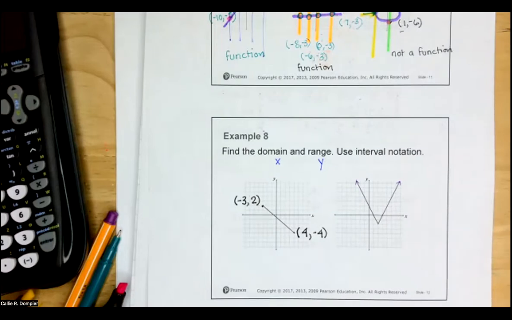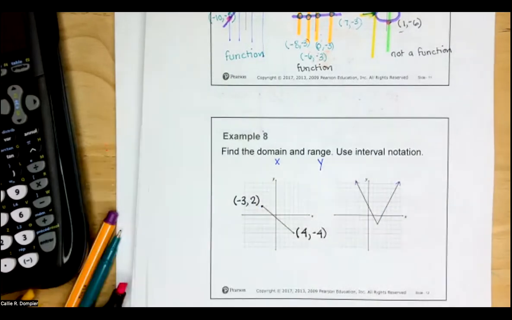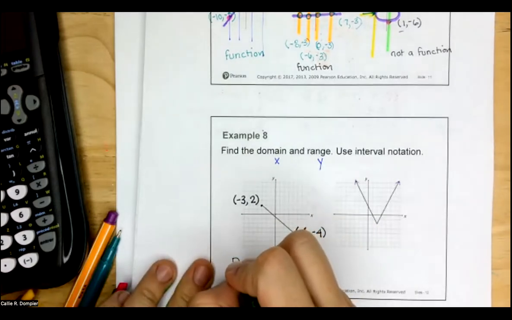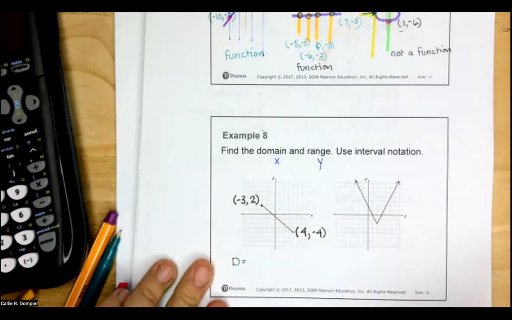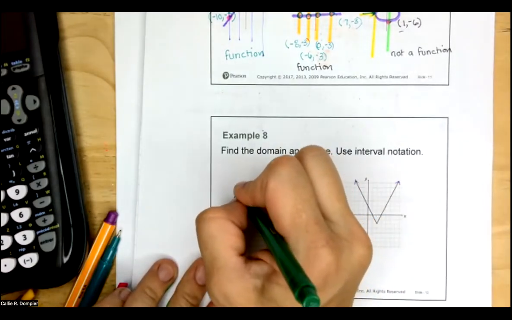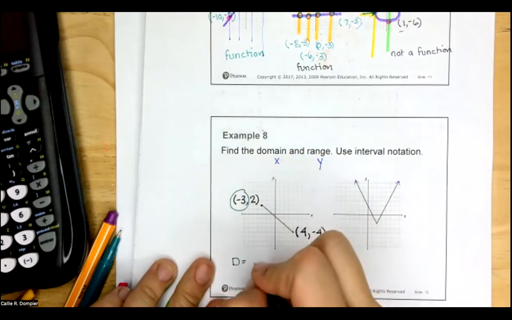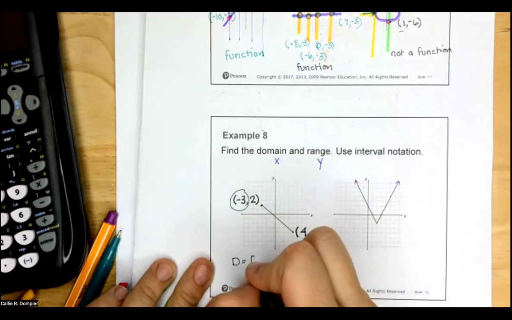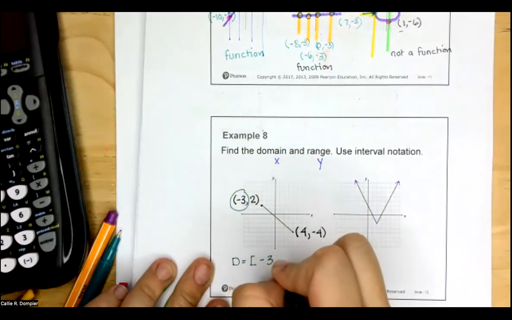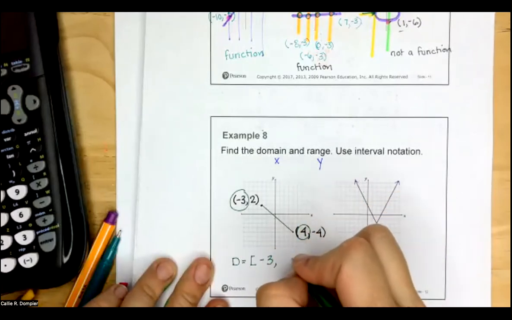So this is a lot like our greater than or less than work, okay? Domain, remember, are your x values. The domain are your x values. So here I have a domain of -3. Here I have a domain of 4, okay?